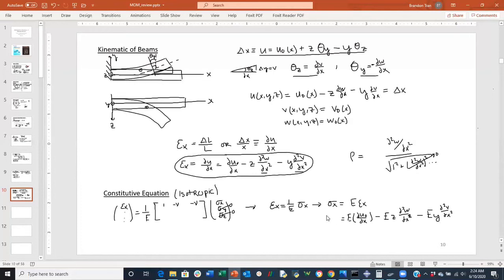Okay, so this right here is basically our governing equation for a beam that relates the constitutive and differential equations into one singular whole equation. So we're going to take advantage of this in a bit.